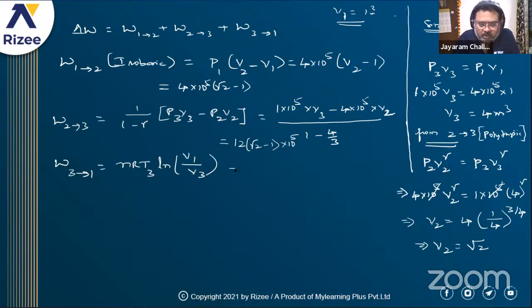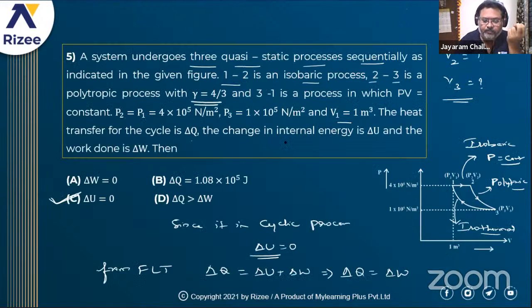Now coming to your last work done, that is an isothermal process in this case. So nRT, this can be written as P3V3. Or else P1V1, also the temperature is going to be the same. So this can also be replaced with the first relation. So if I go for the P1V1 relationship, P1 and V1 into, what is your first volume is 1.